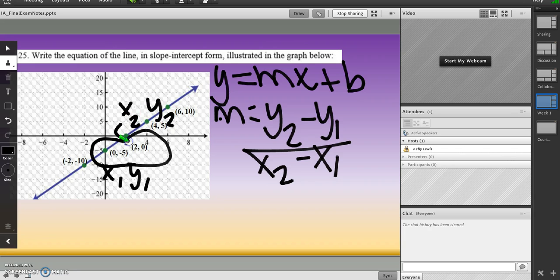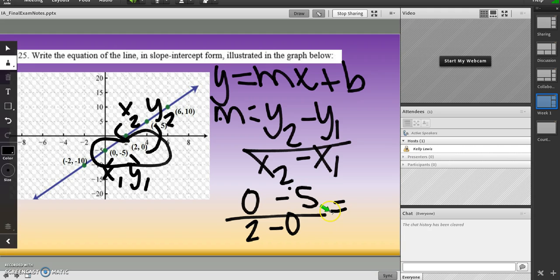All right, so y2 is 0, y1 is negative 5, x2 is 2, x1 is 0. And so minus a negative is the same as plus a positive. So we have 5 over 2.